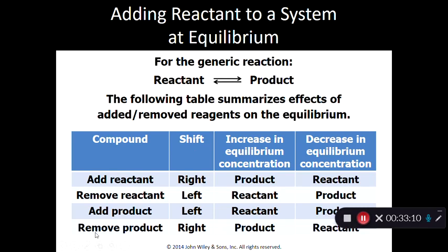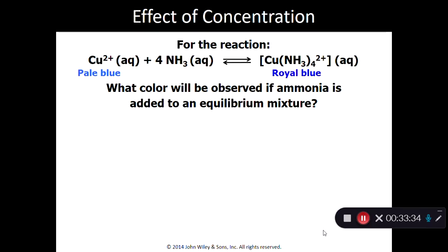And finally, if we decrease the product concentration, the system is going to produce product. So the system shifts to the right, produces product, and uses reactants. You will find this information for any examples we work on.